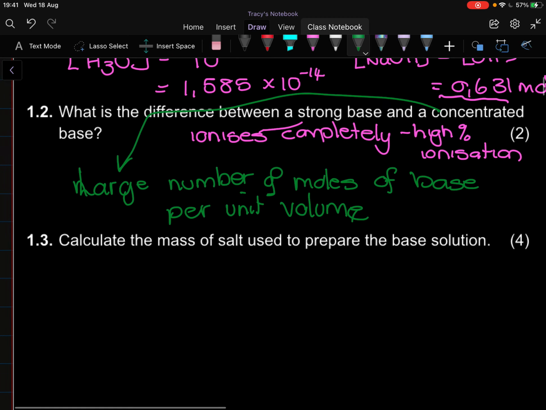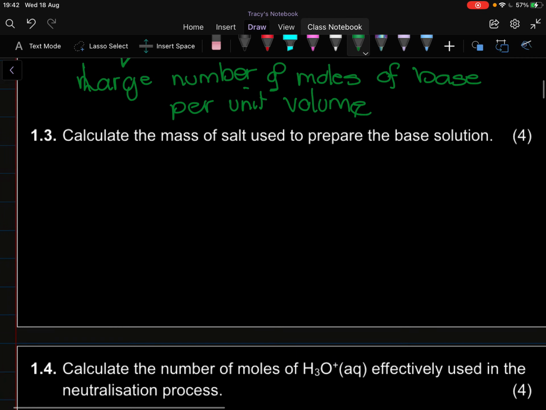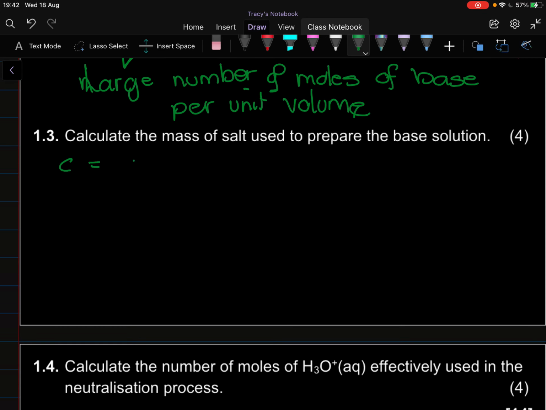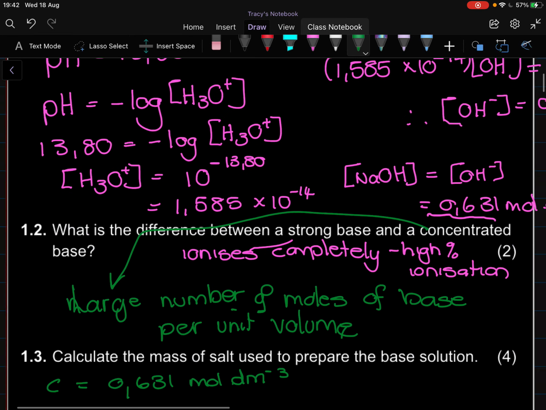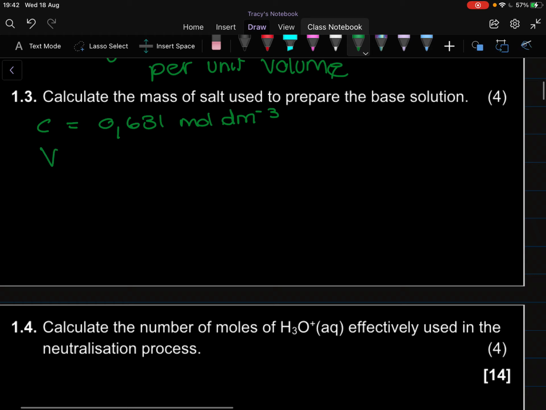1.3 now wants the mass of the salt used to prepare the solution. I know the concentration. We've just worked that out. They also said to us that we made 500 centimeters cubed, so I know the volume. But of course we're working with concentration, so it needs to be in decimeters cubed.